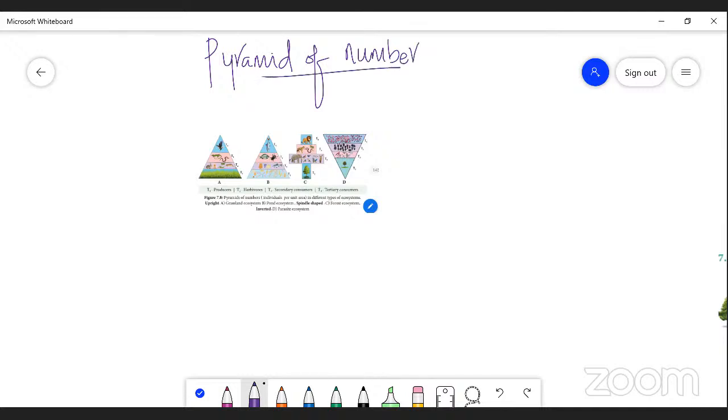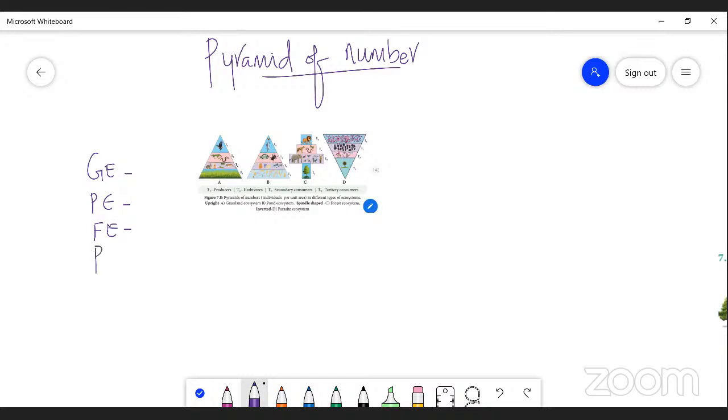There are different ecosystems. First of all, let me take the grassland ecosystem, G. The second one is P, pond ecosystem. The third one is FE, forest ecosystem.